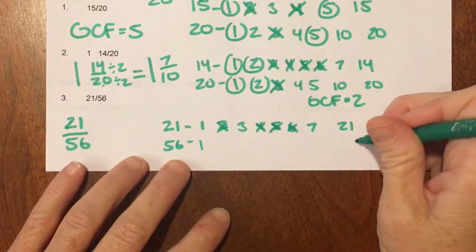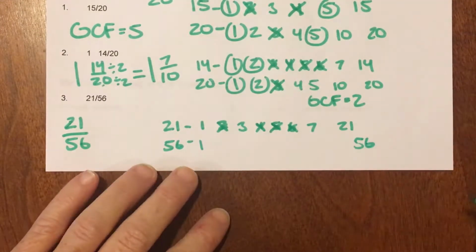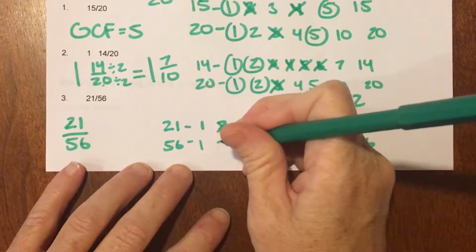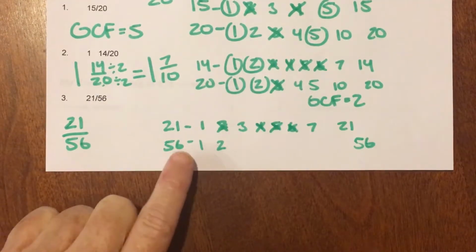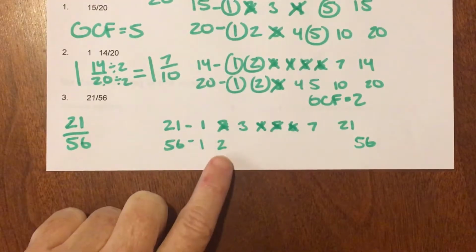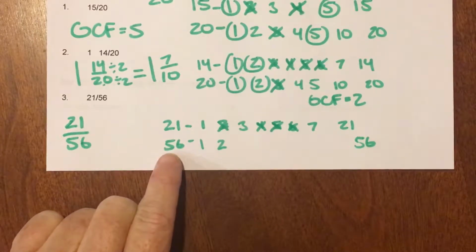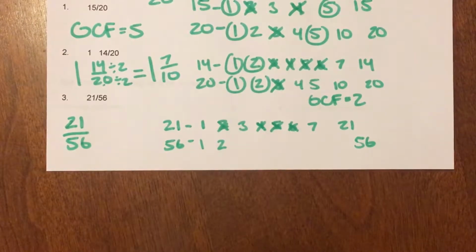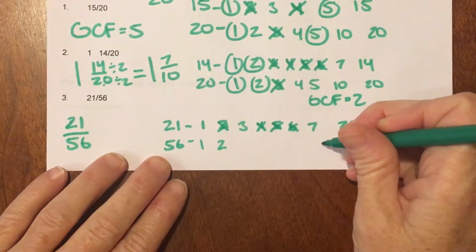Okay, 1 times 56. 2, ooh, that's a hard one. I know 2 has to work because this is even, and if it's even, it means it's divisible by 2. So 2 times, it's actually 28.